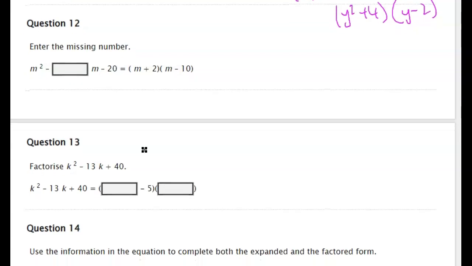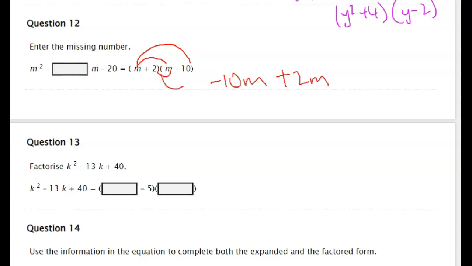All right, question 12, enter the missing number. So I've got m squared minus coefficient of m minus 20. Similar to before, you can expand. So m times m gives you the m squared. Then we've got m times 10, negative 10, so I'm going to write that down. And then 2 times m.